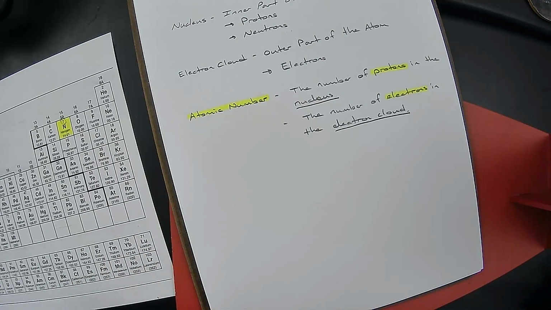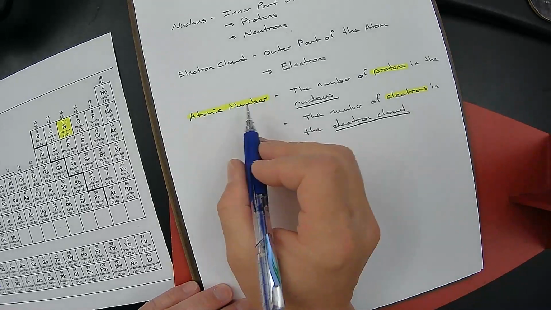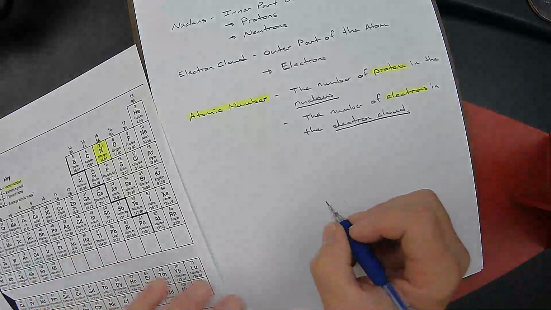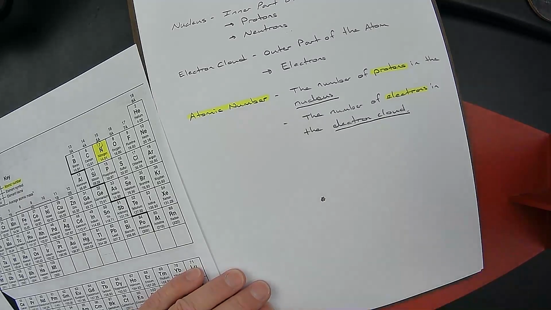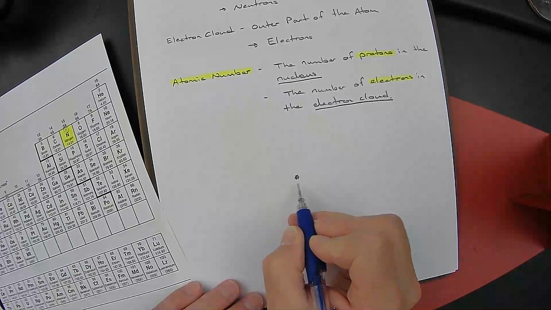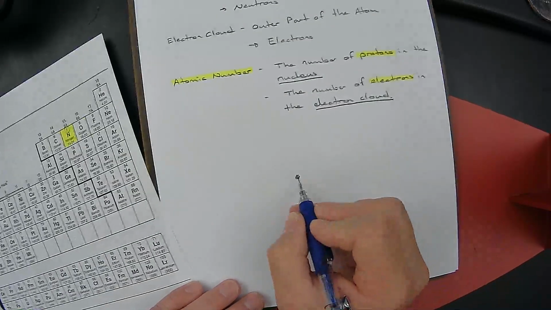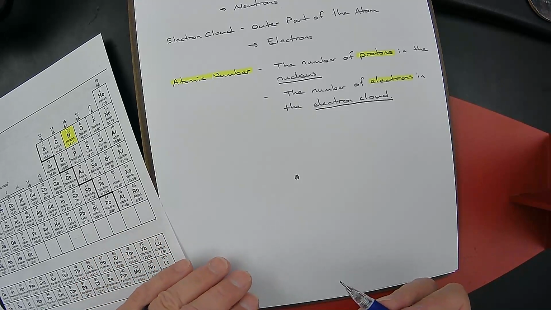So if I were going to draw the atom of nitrogen, where the atomic number is 7, I would draw 1, 2, 3, 4, 5, 6, 7 protons in the nucleus. Now I realize that that is very small, but based off the last video we just watched, the nucleus is the smallest part of the atom, all packed tightly together. Now I'm going to draw the outer part of the atom.